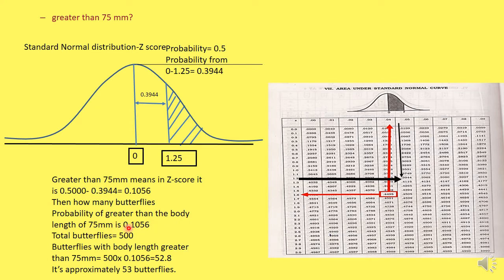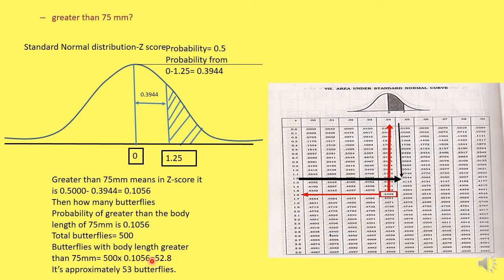Then how many butterflies? The probability of body length greater than 75 millimeter is 0.1056. There are 500 butterflies, so out of 500 you have to apply this probability to get the number of butterflies. 500 multiplied by the probability of getting butterflies with body length greater than 75 millimeter.